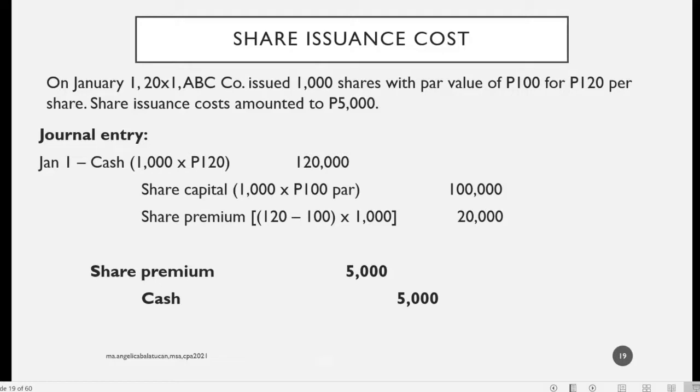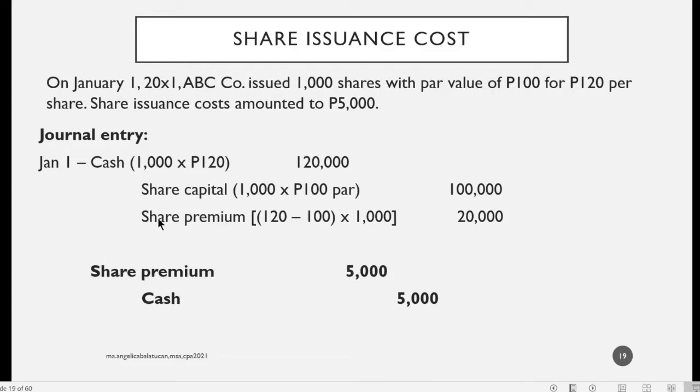So if we're going to prepare a simple entry, usaon na nato ni siya, not simple entry, sorry. If we're going to prepare a compound entry for this one, tapuon siya. 120 minus 5, so this would be 115,000.